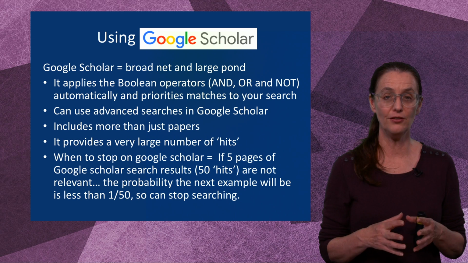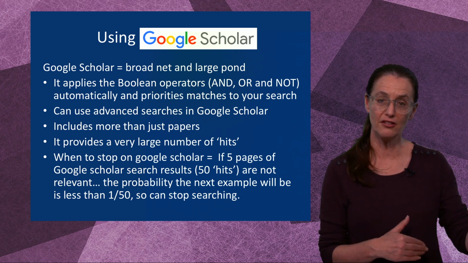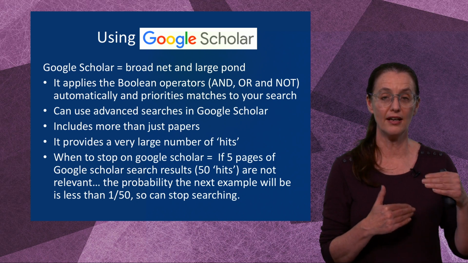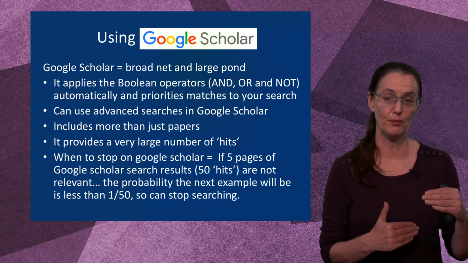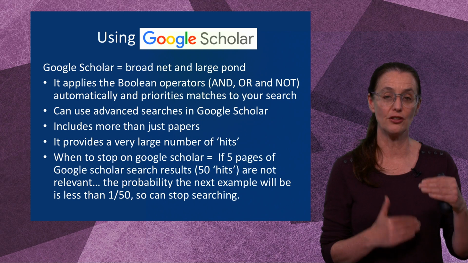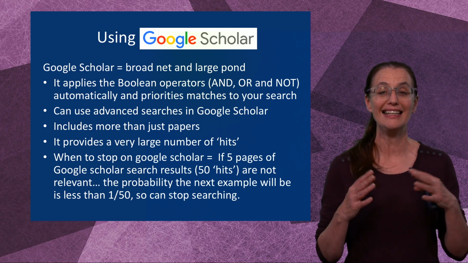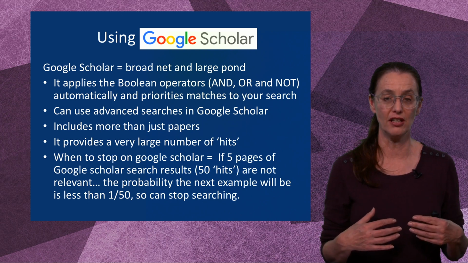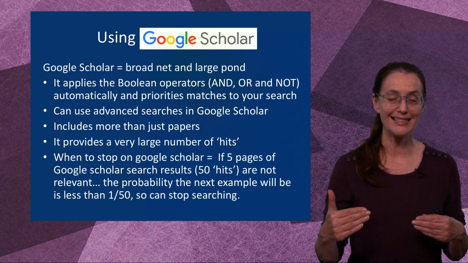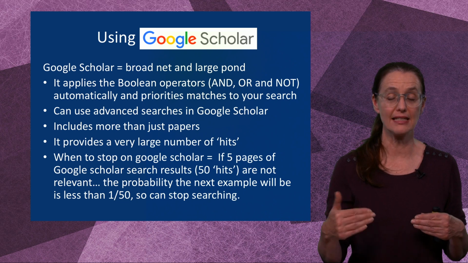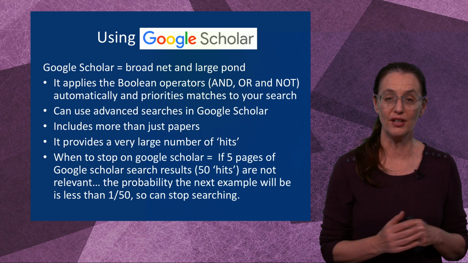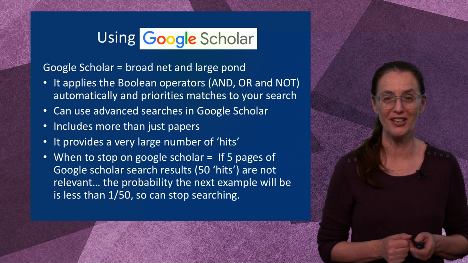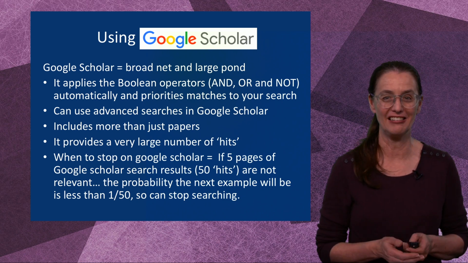If you go through the Google Scholar results, and they've been prioritized by how closely they match your search criteria, and you have 10 citations or hits per page, if you've managed to search 5 pages in a row and none of the hits match your search criteria, then the probability that the next example will match your criteria is less than 1 in 50. At that point, I think it's pretty reasonable to stop searching. So that's a strategy around using Google Scholar explicitly.